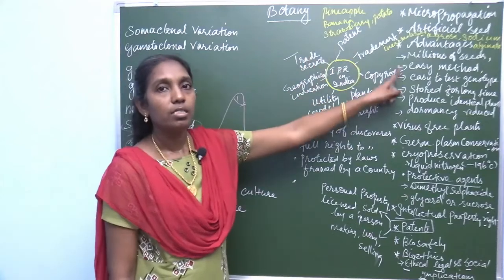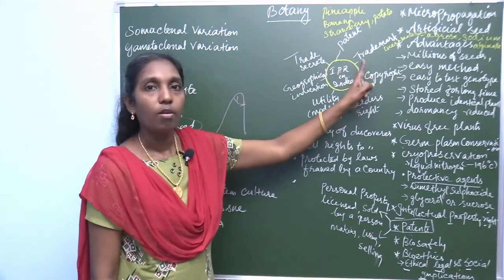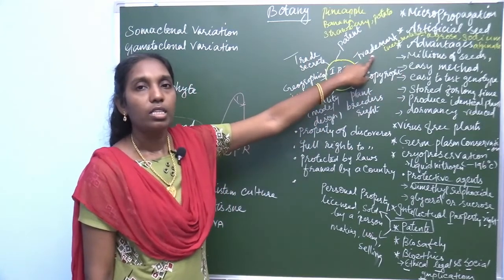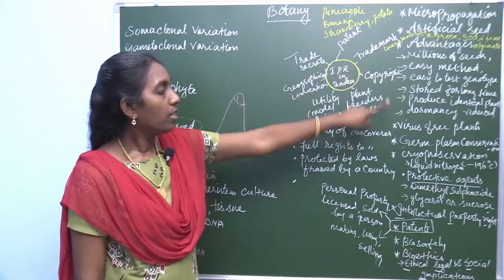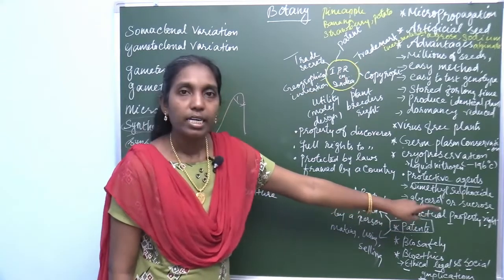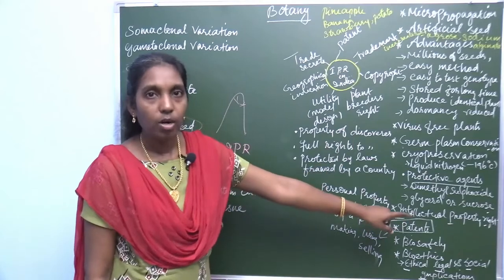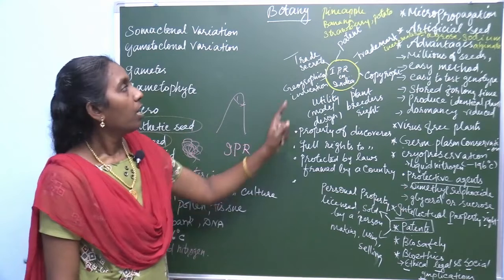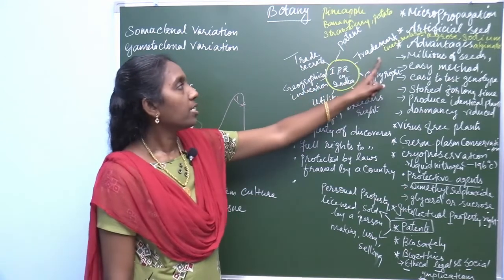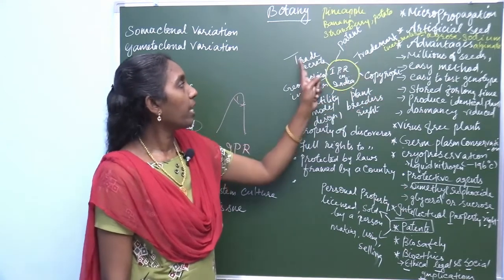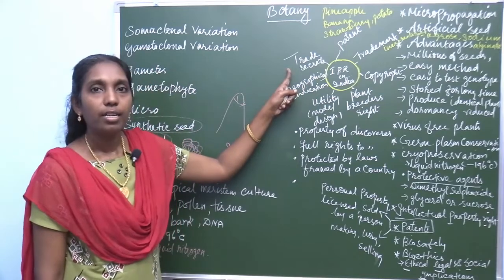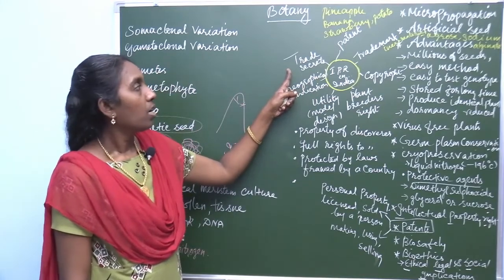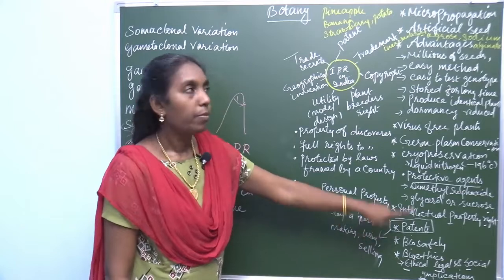Everything is owned by the inventor or the discoverer. So intellectual property right is given only to the discoverer or the inventor. So, patent, what is meant by patent?